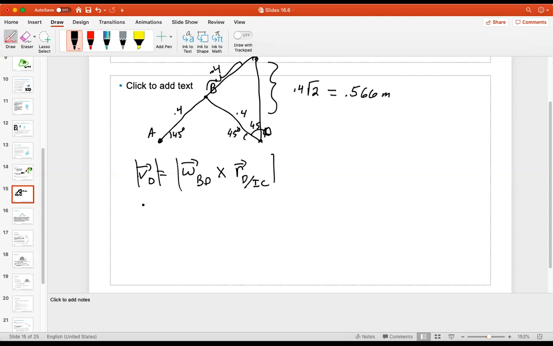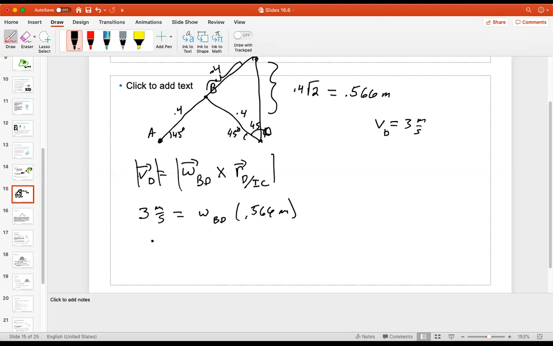Looking at the problem, the velocity of D was 3 meters per second. So this is going to be 3 meters per second equals omega BD times the relative vector from the instantaneous center of BD up to D. That's going to be 0.566 meters.